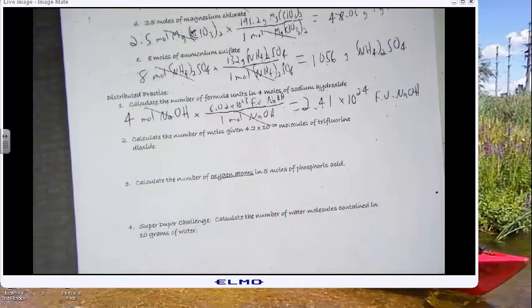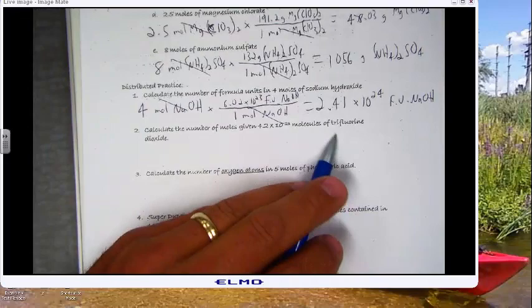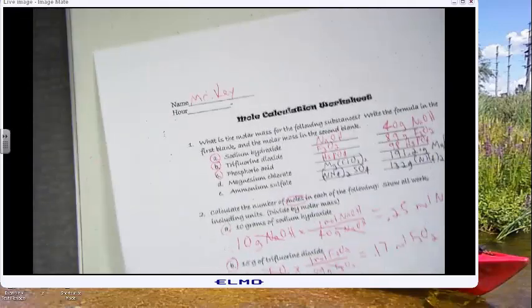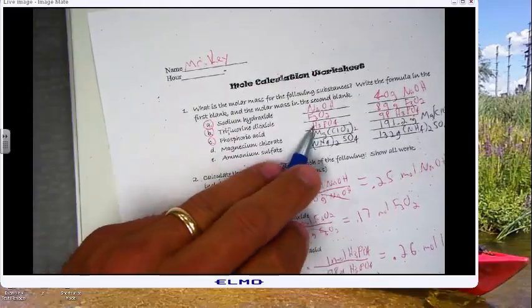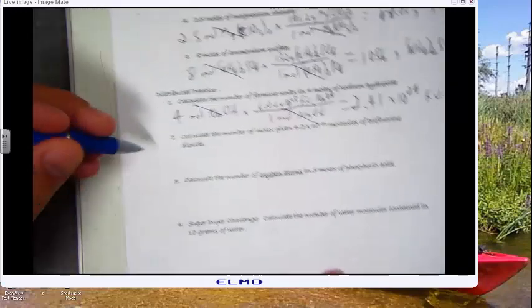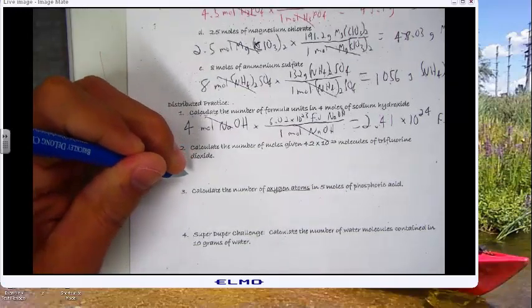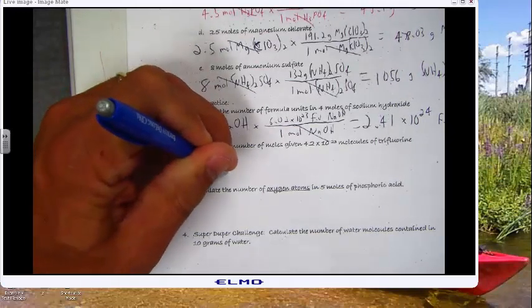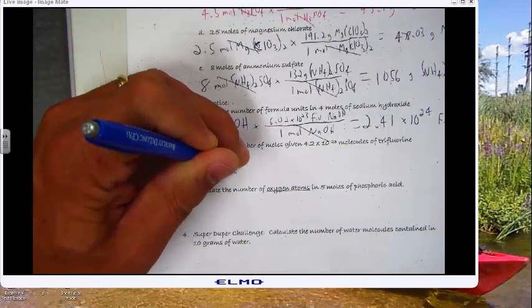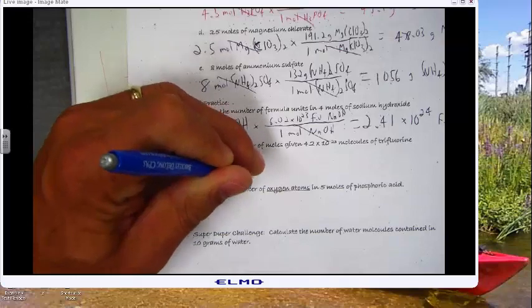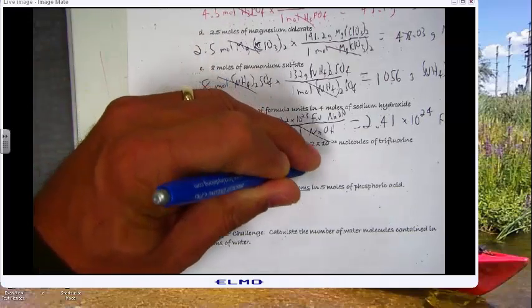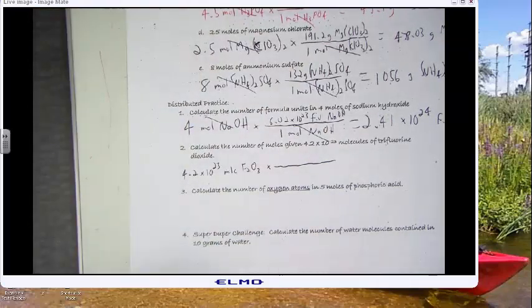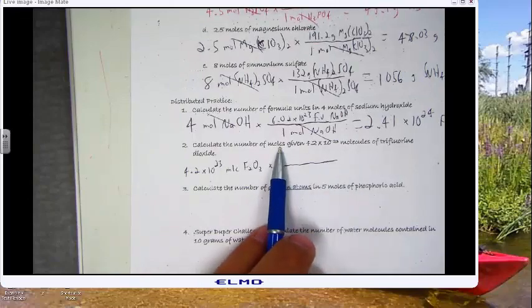The next one down is dealing with trifluorine dioxide, F3O2. I'm starting off with 4.2 times 10 to the 23rd molecules of F2O3, and I'm getting ready to multiply by a fraction. I'm trying to get from molecules to moles.